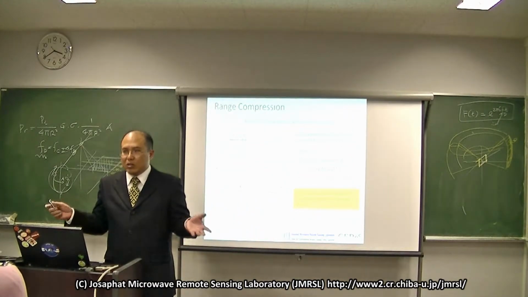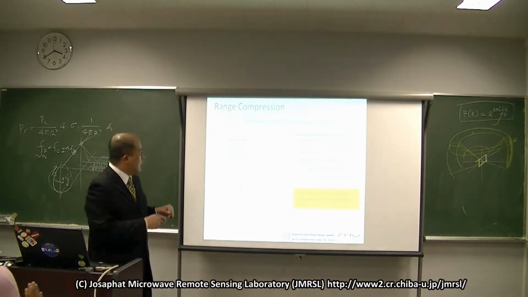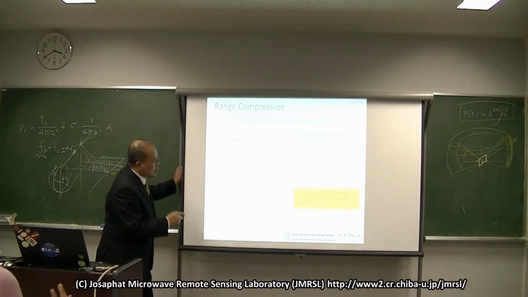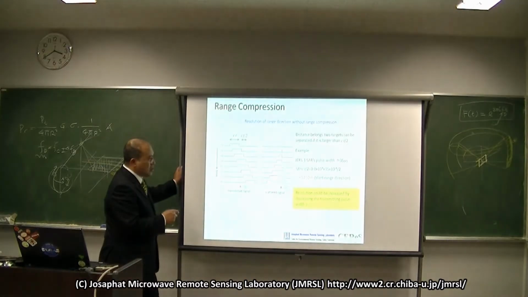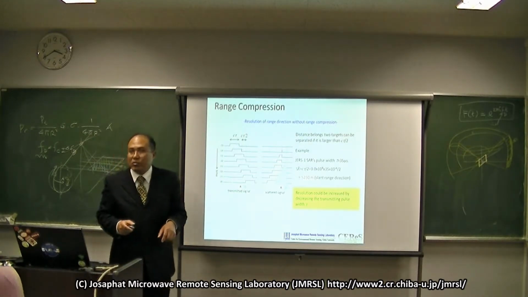When we don't use the chirp pulse, we use the common pulse. It is the time, and here the transmitted signal, and here the scattering. First, when we use a pulse with the width c tau, the distance between object A and B is c tau divided by 2.